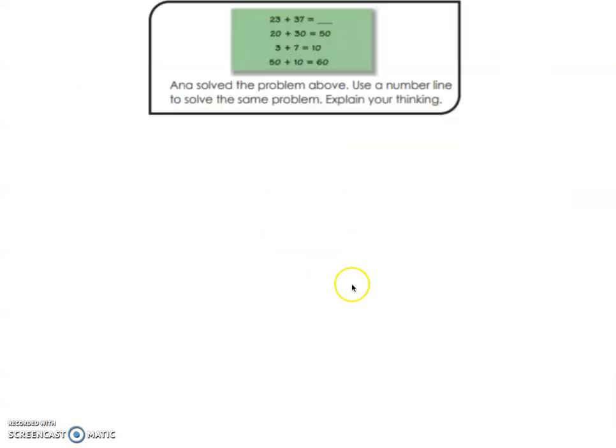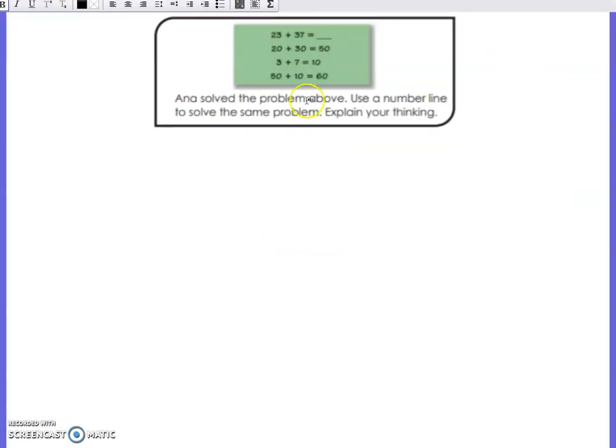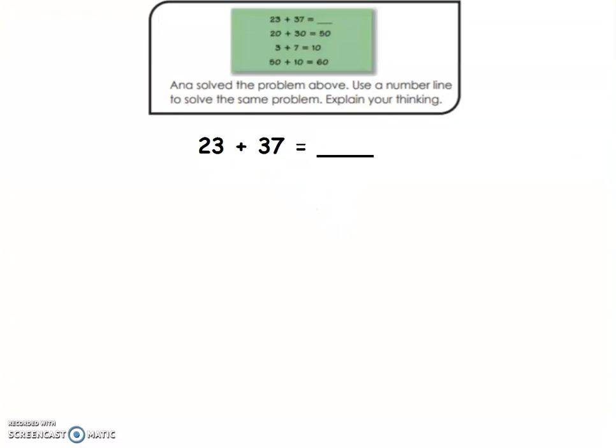So I'm going to make it a little bit bigger here. I am going to show you how Anna solved it first, because it's very similar to our other place value strategy where we would draw our tens and our ones. If you're looking at it, she took 23, so two groups of 10 and 1, 2, 3 ones.